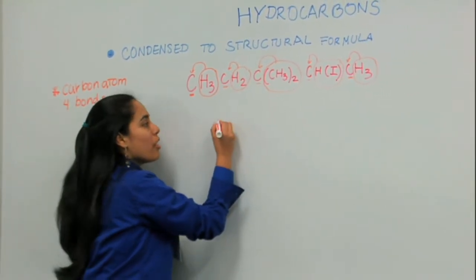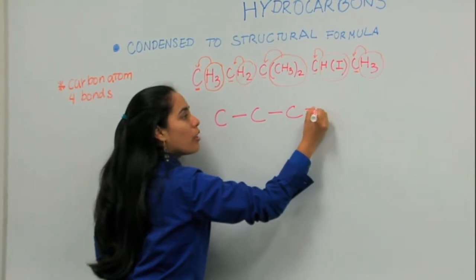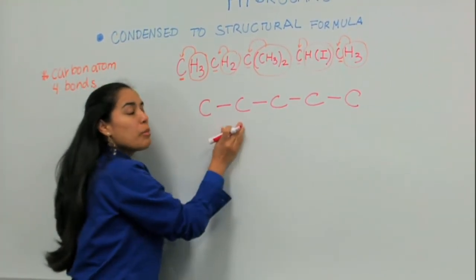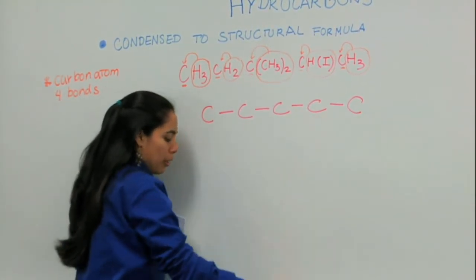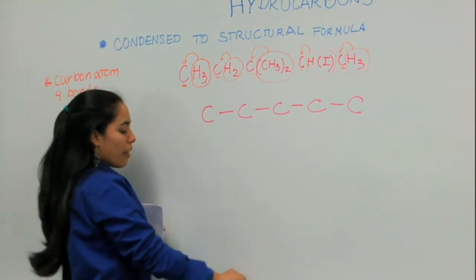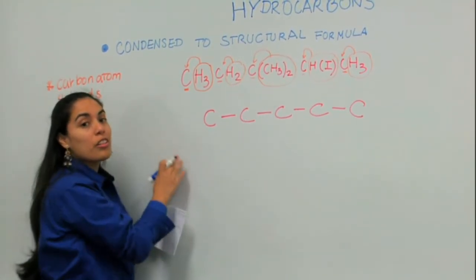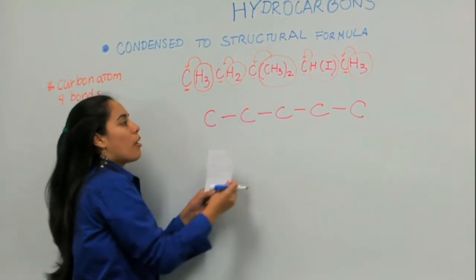So this is my main chain. 1, 2, 3, 4, 5. And because it's a carbon chain, I must draw a bond between each carbon atom. Next, I need to follow my golden rule that tells me that each carbon atom has 4 bonds. So let's take a look at this carbon.